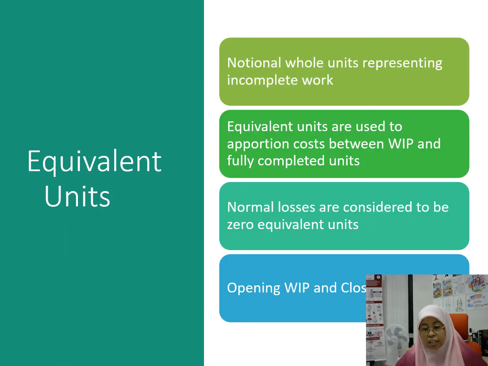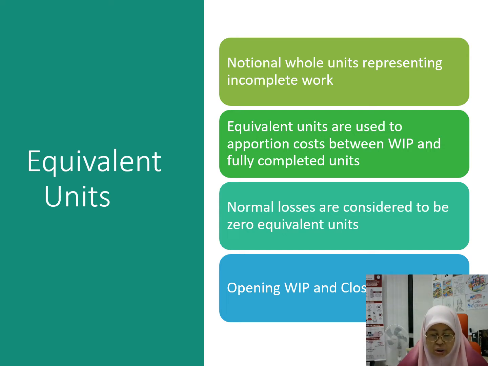So what are equivalent units? When there are partially completed units on hand, known as work in progress, at the beginning or end of the period, which is the opening and closing work in progress, we need to change the way we allocate the production cost.